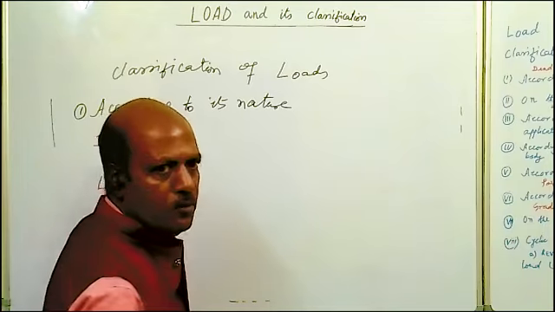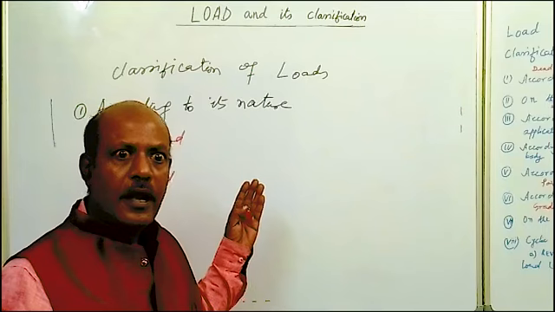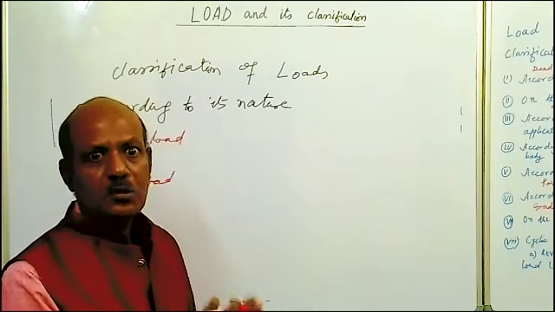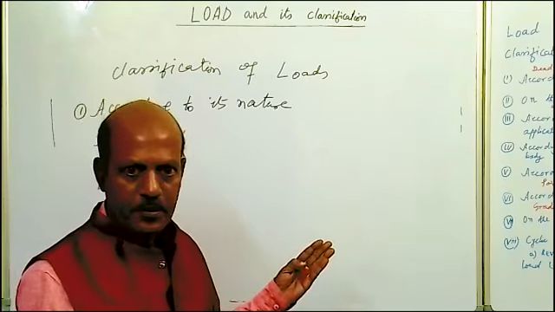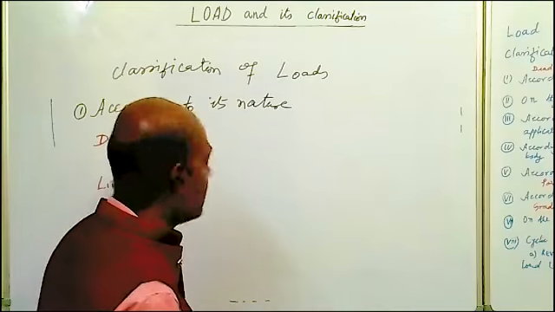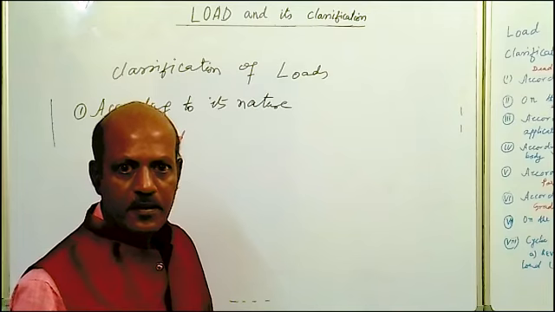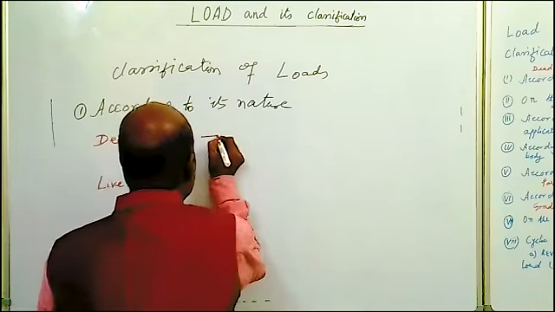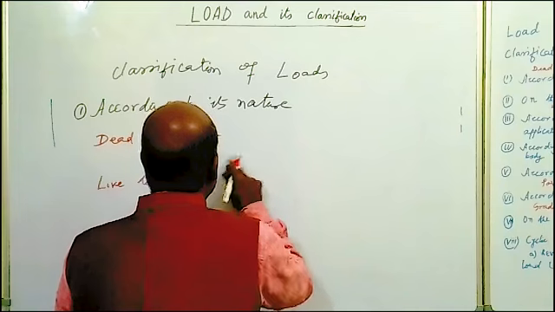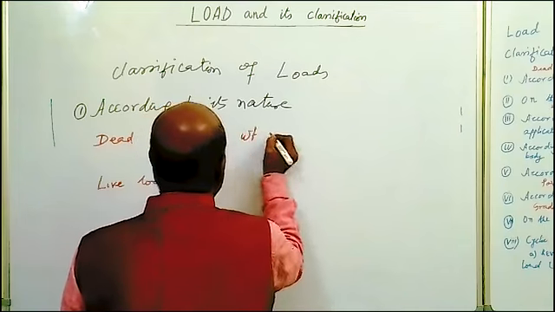This kind of load is permanent and will remain at the same location throughout its life period. That kind of load is called dead load: the load which remains at the same location and is permanent. For example, the weight of the structure.